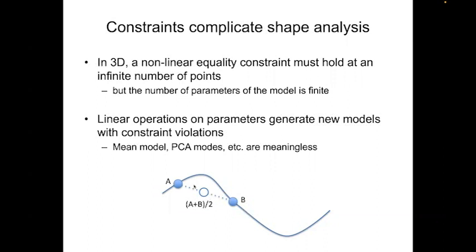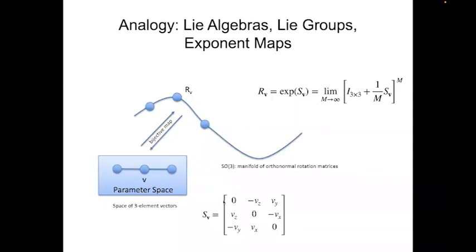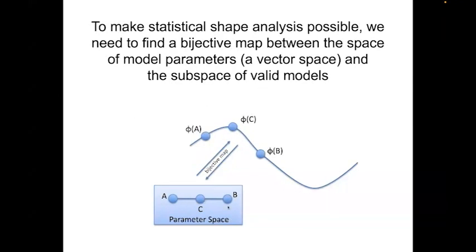So if the parameter space was a vector space where we can average A and B and get a new set of parameters C, and we have this bijective map that will map C onto the manifold of all the models that satisfy this set of equality constraints, then we can start to do statistics. So for example, we can interpolate between A and B, etc.